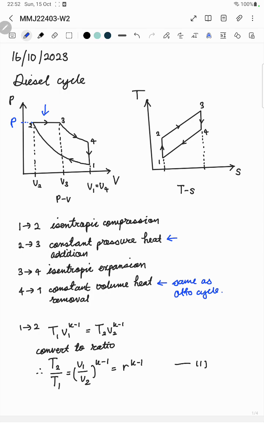And next, if you look at the TS diagram, in practice, in the real process, the graph should be about the same, but with a little bit of difference in the curve, because the heat addition process is of constant pressure, so you'll have a little bit different curve from the Otto cycle.